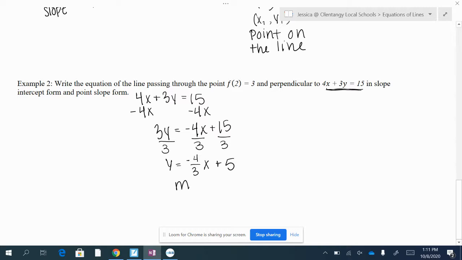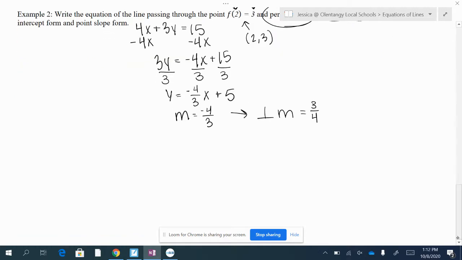Okay, so my slope here is negative 4/3. Since I'm looking for the perpendicular line, my perpendicular slope will be the opposite reciprocal, which is going to be 3/4. And then they told me I have a point at 2, 3. Remember, this is your x value, this is your y value.